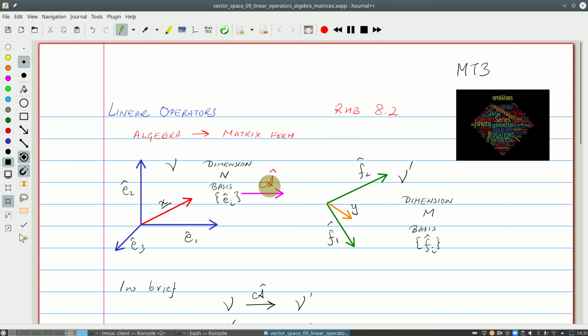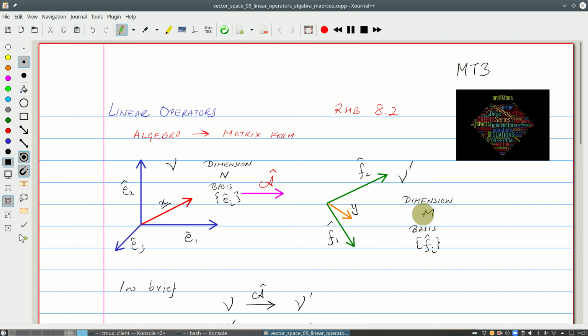Now, in general, as I said in the last tutorial, a linear operator can change the space. I've tried to illustrate this here by showing you a space with a different color and a different number of axes. So the space which has dimension n could become dimension m. As far as I know, m should be less than or equal to n. I don't know of any examples of dimension increase, but I could be wrong here.